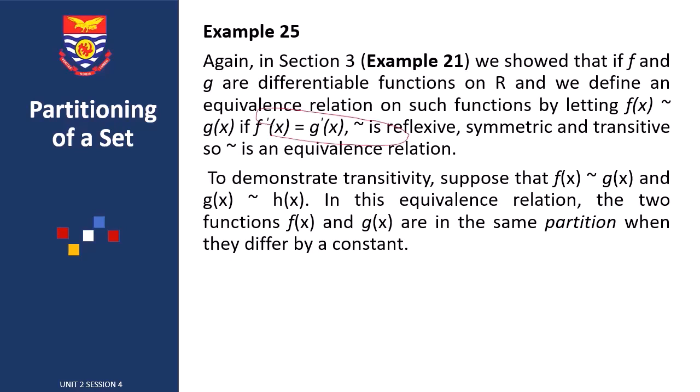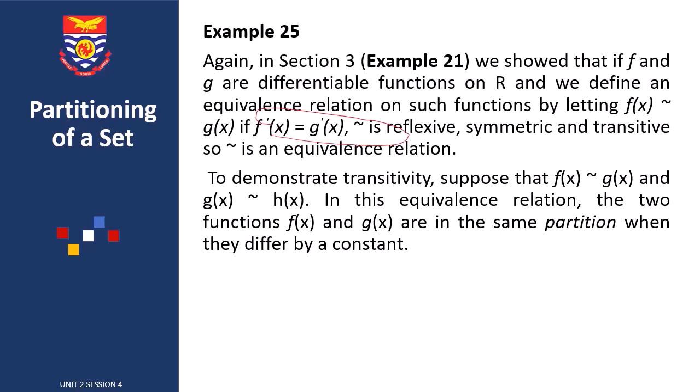So we show that the relation is reflexive, symmetric, and transitive, that is, an equivalence relation. To show that the relation is transitive, we suppose that f of x relates to g of x, and we also suppose that g of x relates to h of x.